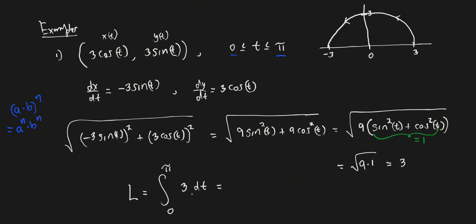So now let's find our antiderivative with respect to t. So this is 3t, and then we're going to use our fundamental theorem and a little bit of magic. We have 3 pi minus 3 times 0 is 0, so we end up with 3 pi units, right?